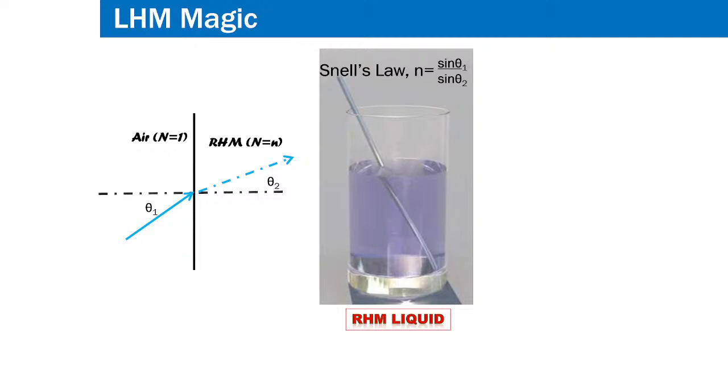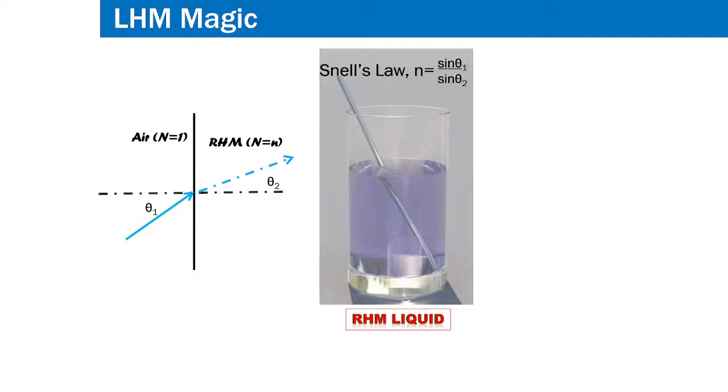So if you have a right-handed liquid in a glass and dip a stick into the liquid, it will appear as if the stick has bent towards the right-hand side.